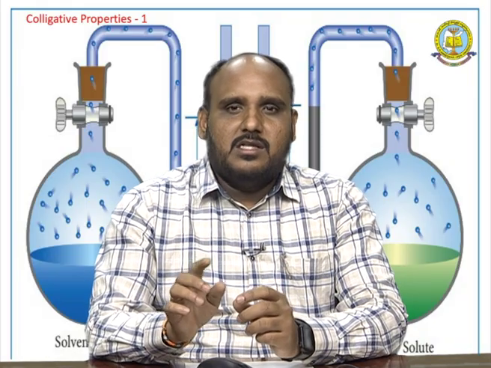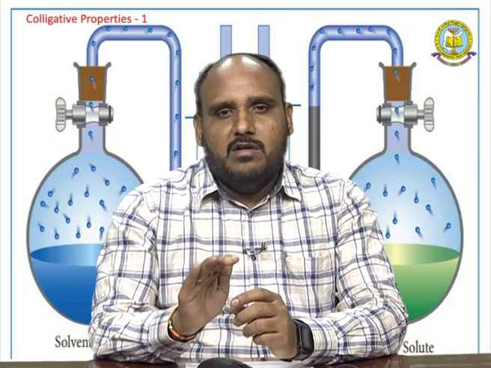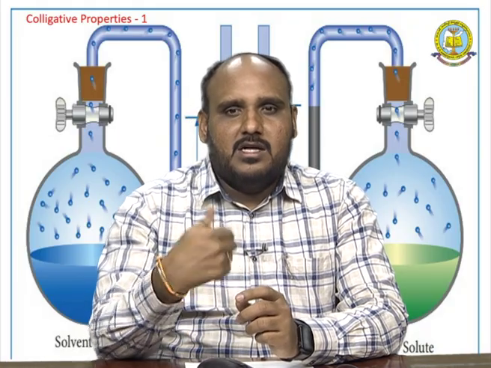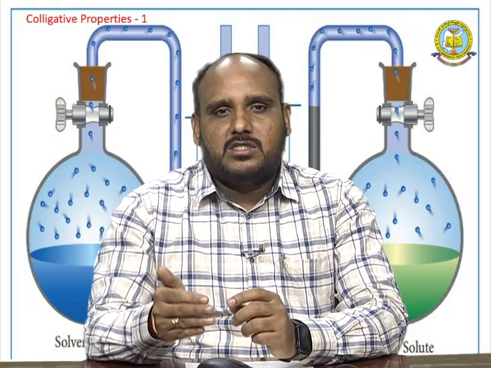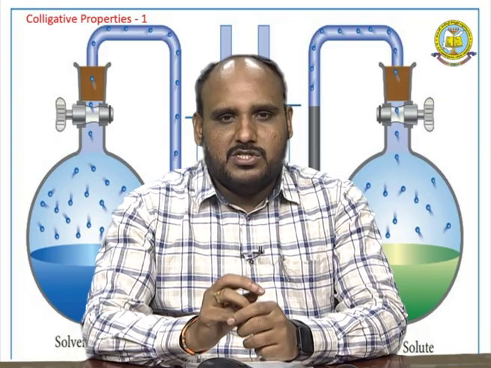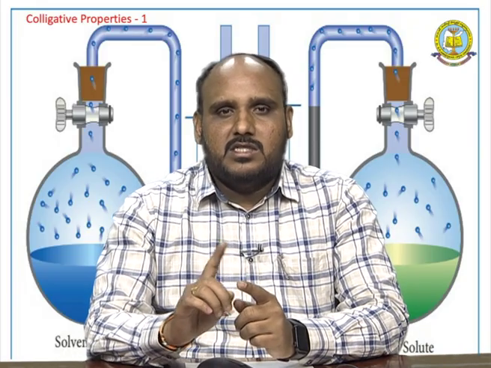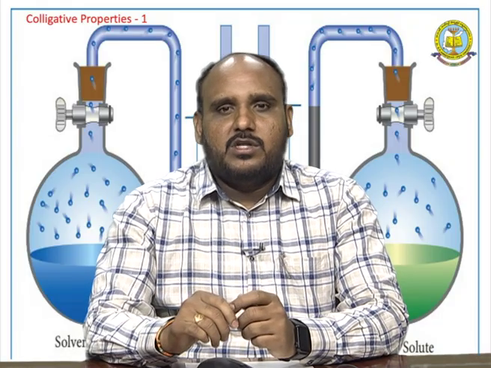Those solute particles occupy the surface area of the liquid, so the solution does not vaporize easily. That means more temperature is required to vaporize the solution. Initially the solvent boiling point is denoted by Tb°, then the solution boiling point is denoted by T.